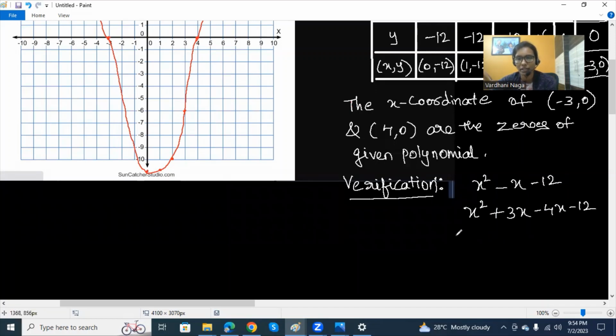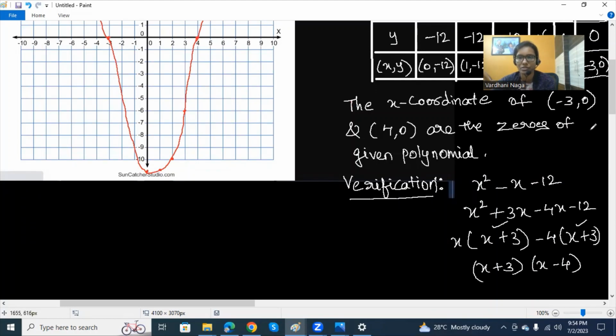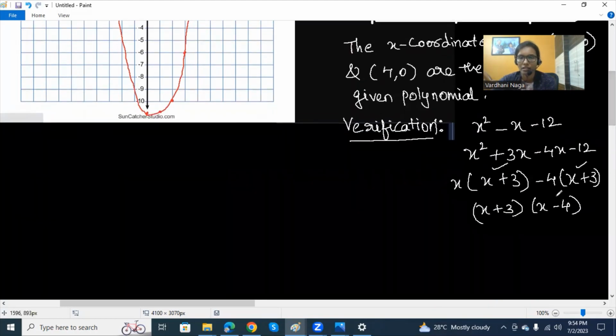So now take the common x. So x plus 3 remains here. If we take minus 4 as common here, x already minus came out, so plus remains, x plus 3. So both are the same, write one time. Take this as common and the rest of the terms make it one factor. So x plus 3 and x minus 4.